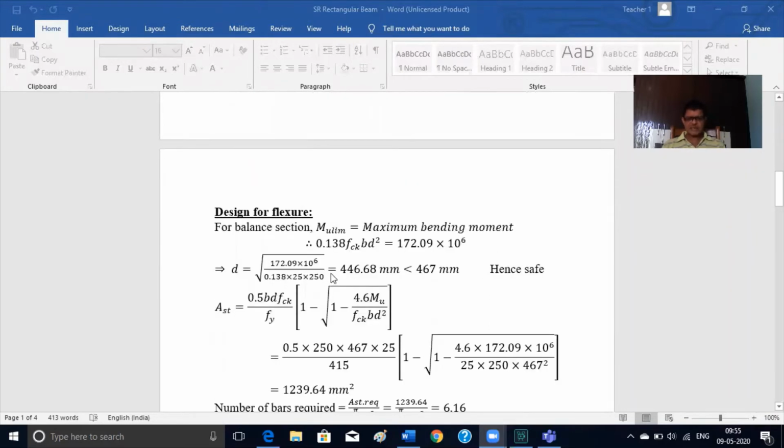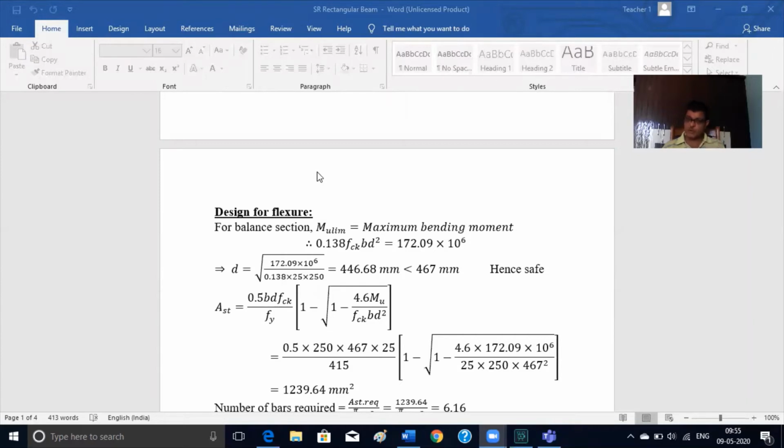Now, design for flexure. What is design for flexure? Flexure means bending. As we have discussed, there are different types of limit states. If you go to page number 67 of your code, you find limit states: limit state of collapse and limit state of serviceability.